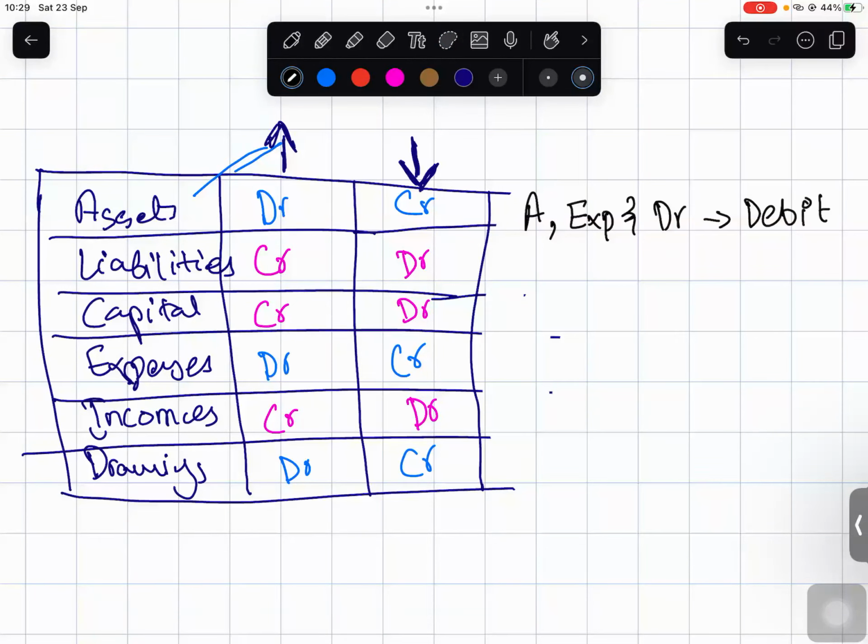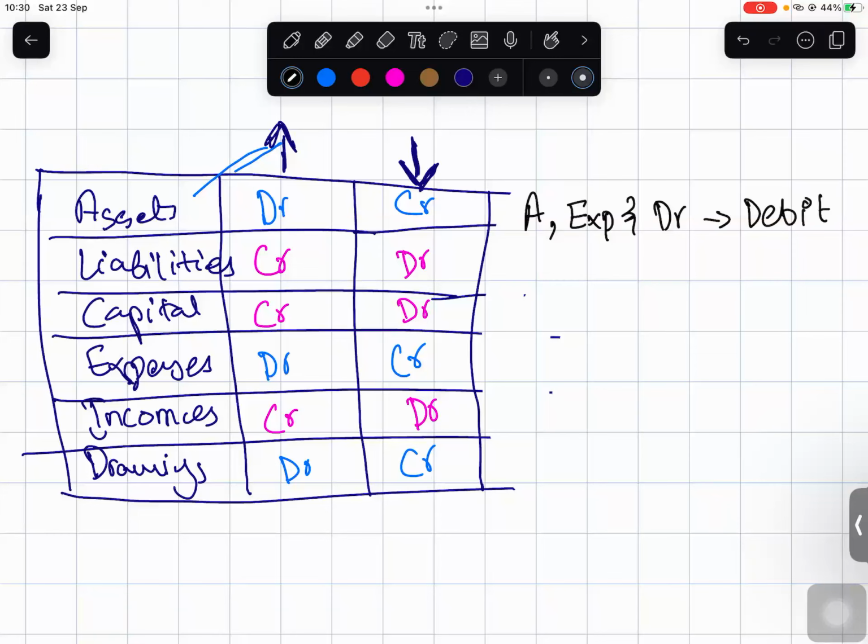So Emily, nature of any category of account means that where do we write it when it increases? All right, so any asset account will have a debit nature because whenever it increases, we write it on the debit side. Any liability, any income, any capital account will have a credit nature because whenever these things increase, we put them on the credit side. Is that okay? Do you get that?